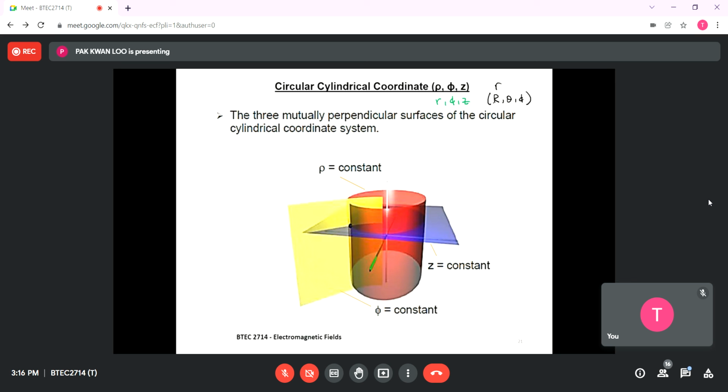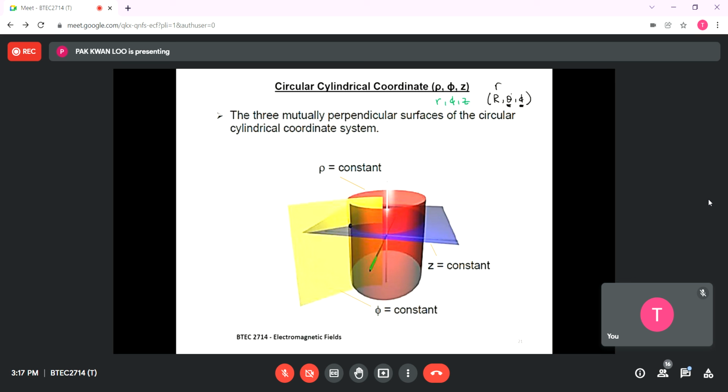You must understand that for spherical there are two coordinates which are angles, in degree or radian. So this is angle, this is angle. So it is in degree or radian.